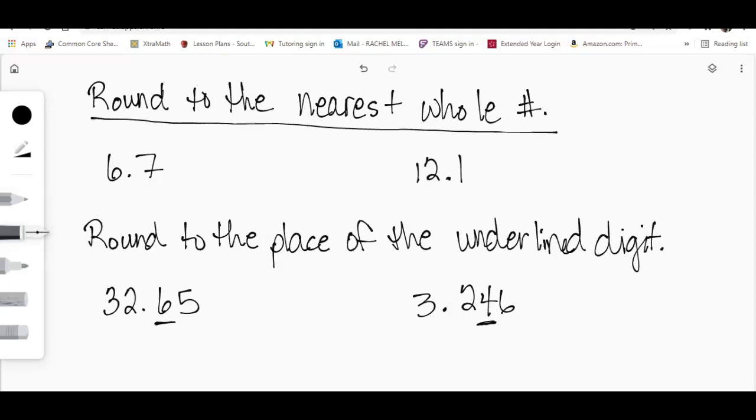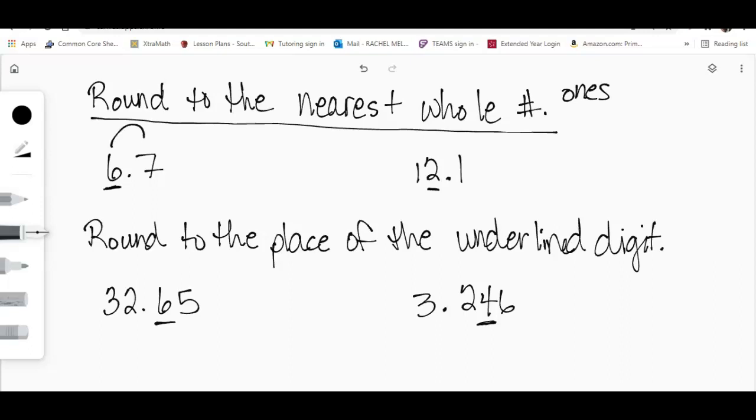Remember, nearest whole number means the ones place. So this is the ones place for 6 and 7 tenths. This is the ones place for 12 and 1/10. So what they're in essence asking me is, is this closer to 6 or 7? Okay, that's what it means when I'm rounding like this.